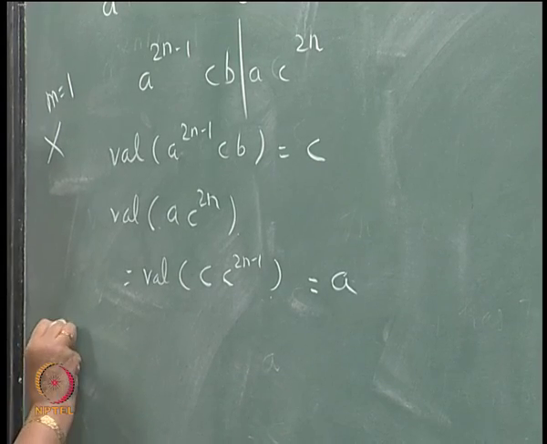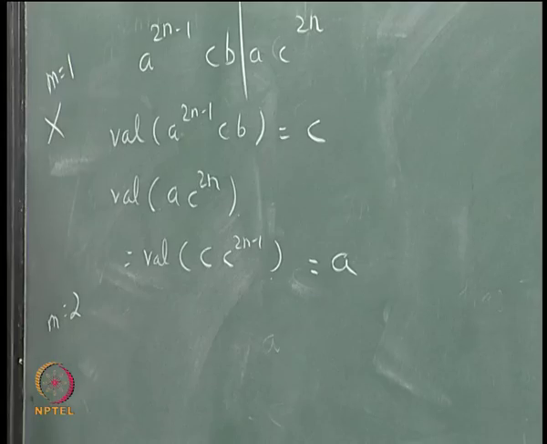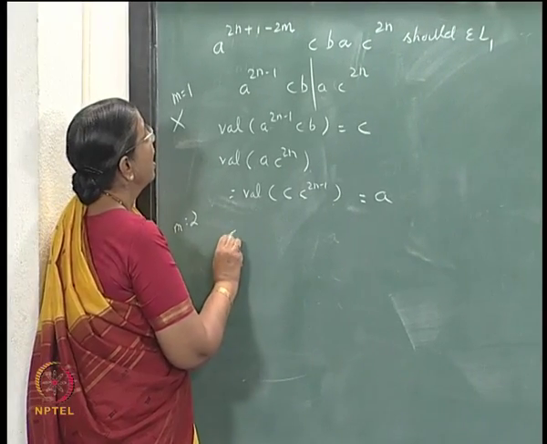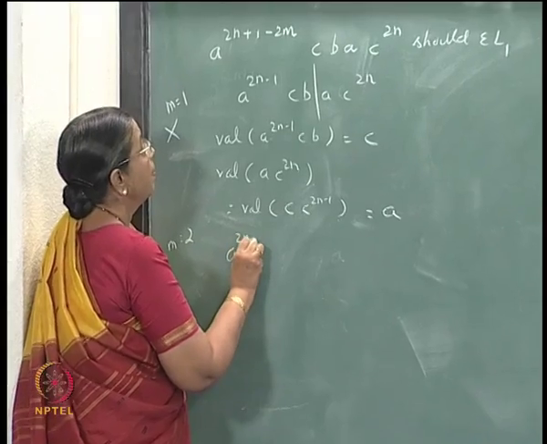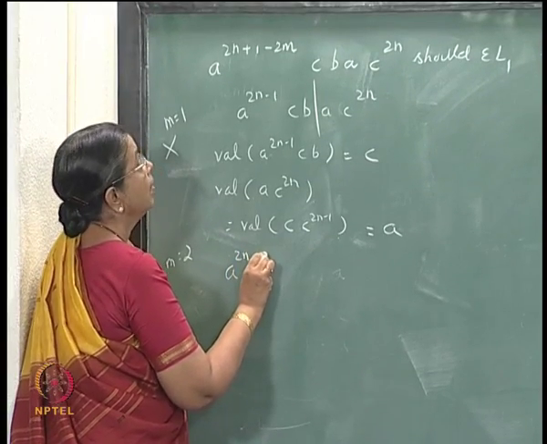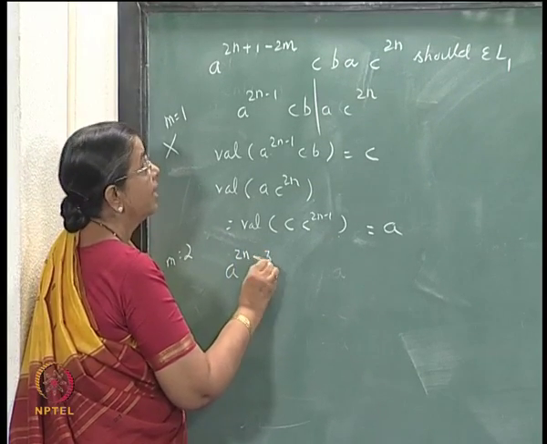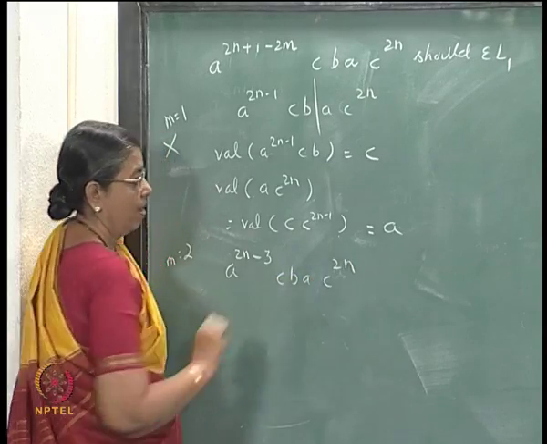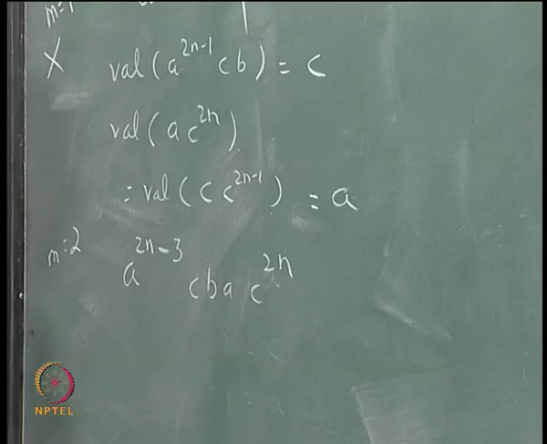Then m is equal to 2. This will be a power 2n plus 1 minus 4, that is minus 3, CBA C power 2n. Where will the split occur? It will occur here.